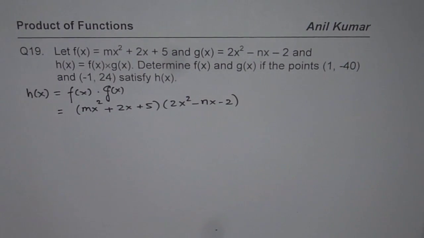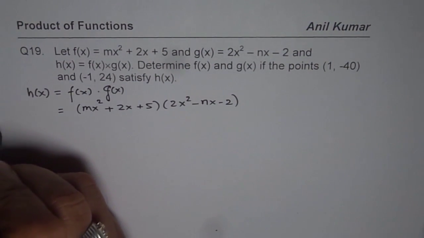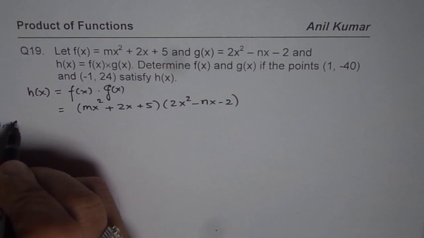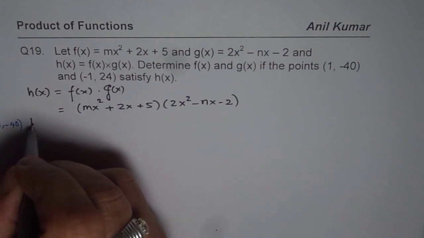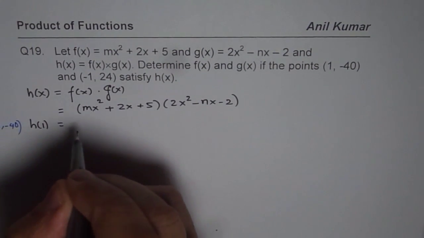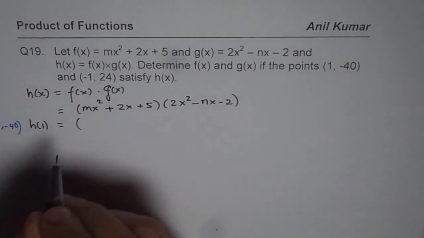So let us first consider the point (1, −40). What does it mean? It means that for the value of 1, that means h(1) is equal to −40. So let's substitute 1 here.